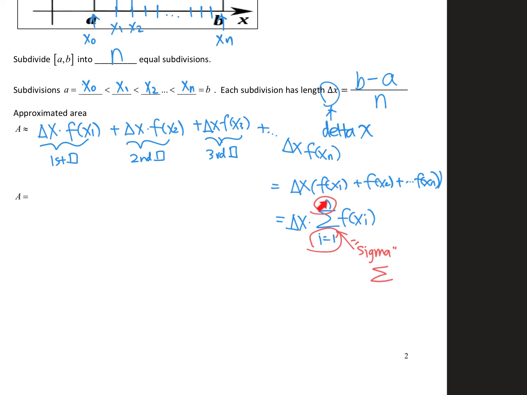For the previous question, it was 1 through 4. But if you want to have 100 subdivisions, then it will be 1 to 100, meaning I have 100 numbers to add up. How do I find each number? Basically, i is like a counter. When i is equal to 1, this is the first one, f of x1. And when i is 2, then it's f of x2. So this is just shorthand notation to write that.